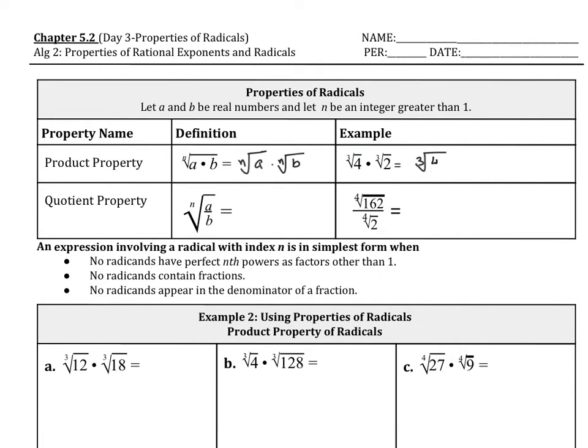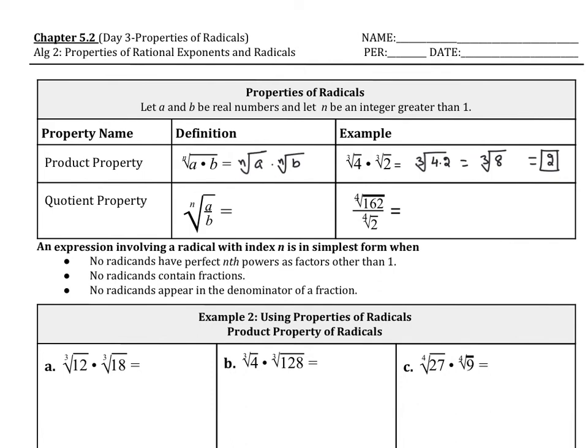So it's going to be 4 times 2, so that's 8. So cube root of 8. You combine the two radical symbols into one, and that gave you cube root of 8, and then cube root of 8 is 2, and that's your answer.